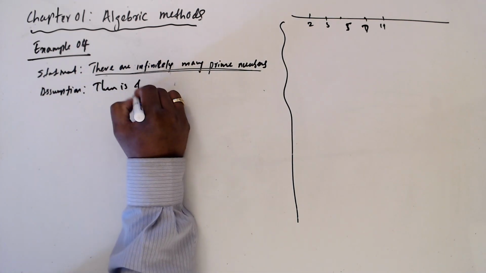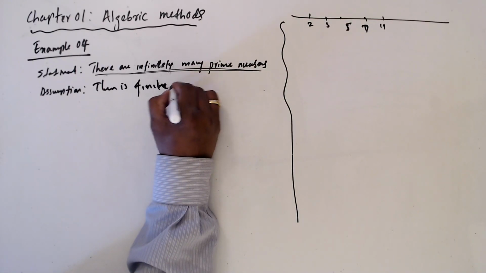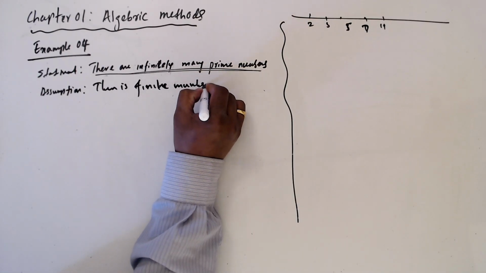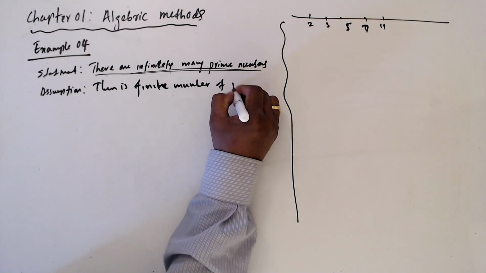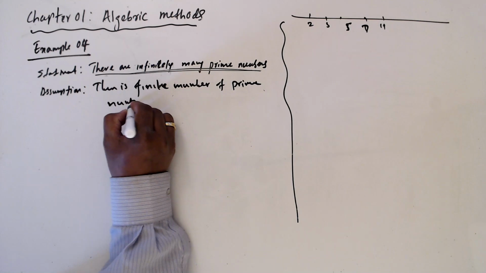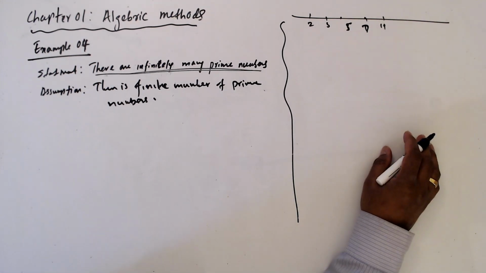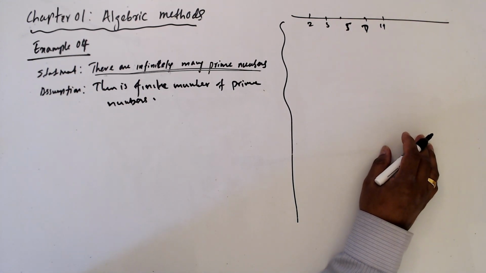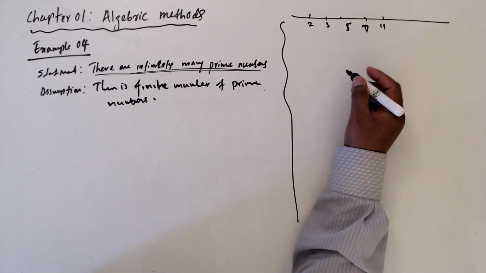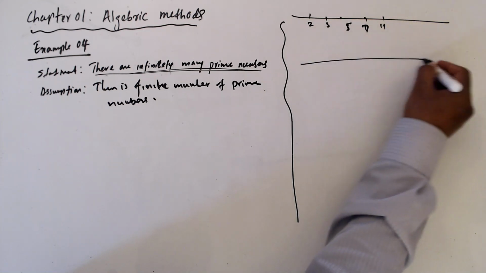So we will assume that okay, it has a boundary. To prove this one, we should have this knowledge. In this number line, this can be divided into two.